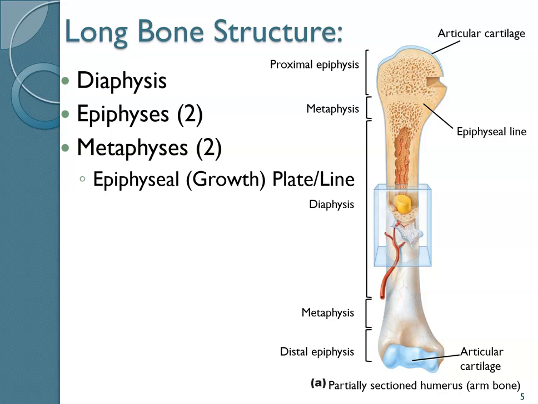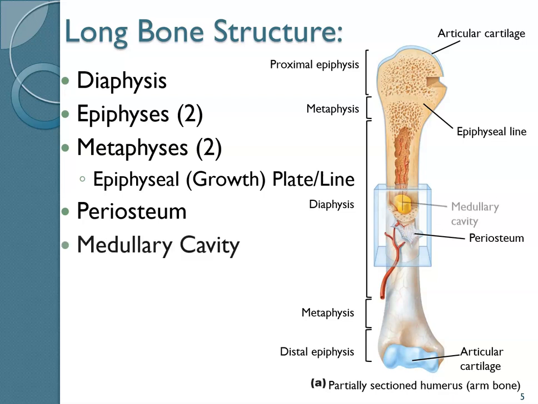Once it fuses, the cartilage disappears, it ossifies and becomes bone, and it's called the epiphyseal line. Once we reach the age of 21, all our epiphyseal plates have fused, and all we see is the epiphyseal line. Then we have the periosteum that surrounds the bone. It is connective tissue that contains a lot of blood vessels as well as osteogenic cells, the stem cells of bone.